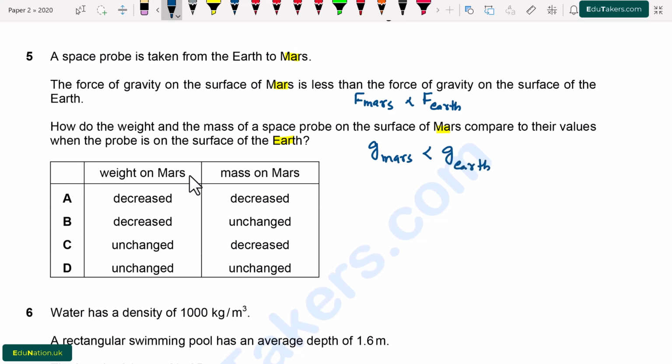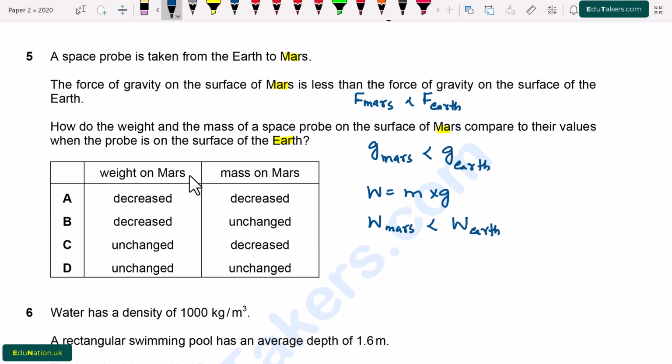We also know that weight is equal to product of mass and G. So, when the value of G on the surface of Mars is smaller, it means that the weight is also smaller here. So, weight at the Mars is smaller as compared to weight on the Earth. It means that weight decreases.